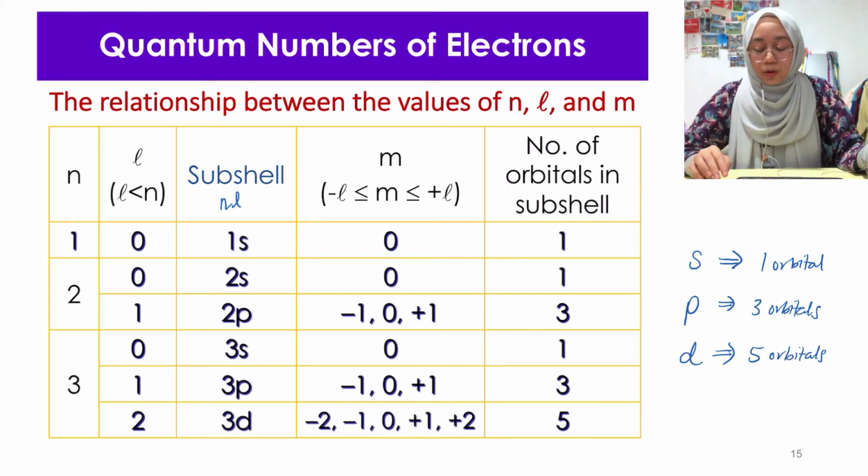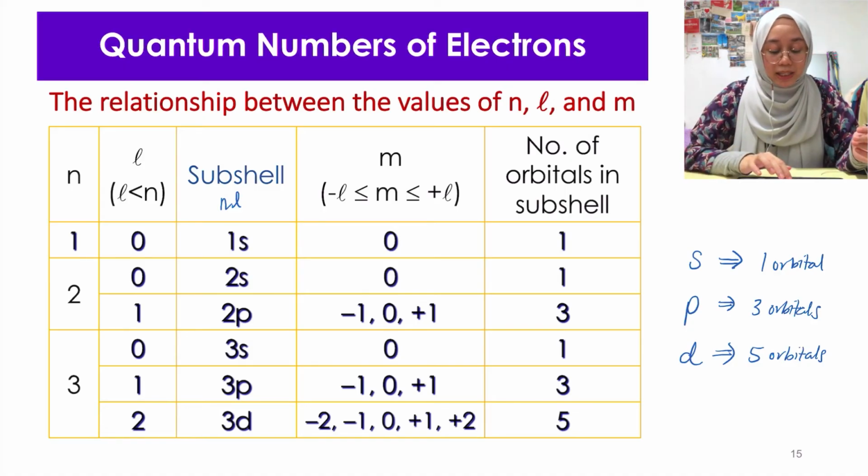Okay, so dah ada fixed numbers sebenarnya. Kalau S orbital 1, kalau P ada 3, kalau D ada 5 orbitals. Okay, so tapi Miss harap kamu faham lah mana datang 1, 3 dengan 5 ni. Okay, so it really depends dengan how many orientation yang kita ada lah.